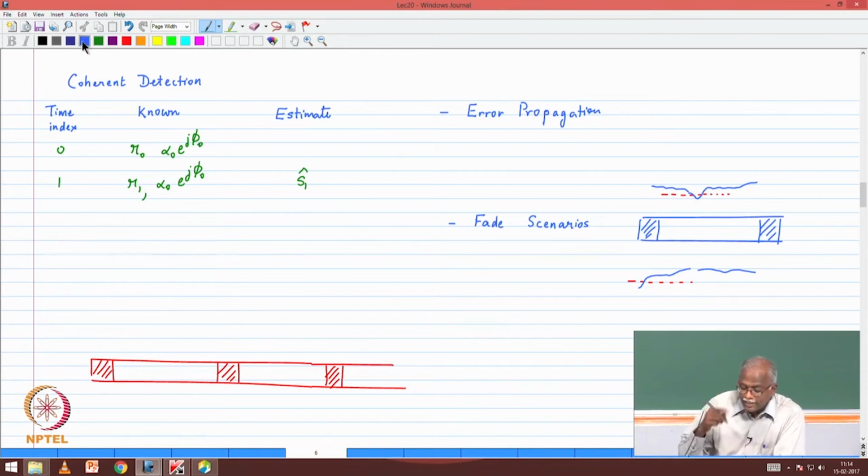Now, this is detection of the transmitted symbol. Now, the tracking: take R1, take S1 hat, and obtain alpha 1 e power j phi 1.